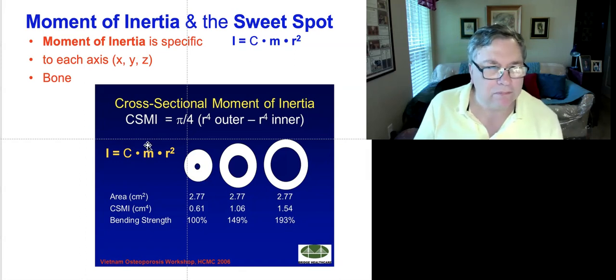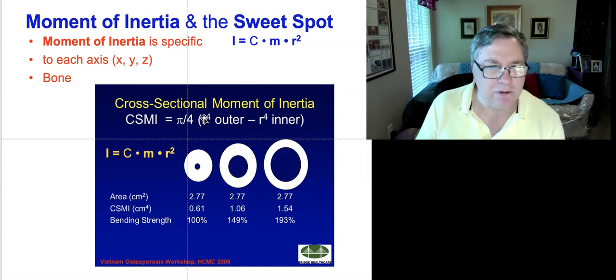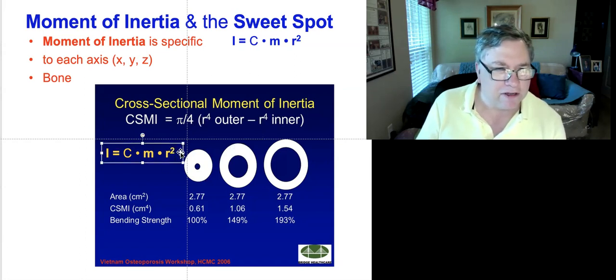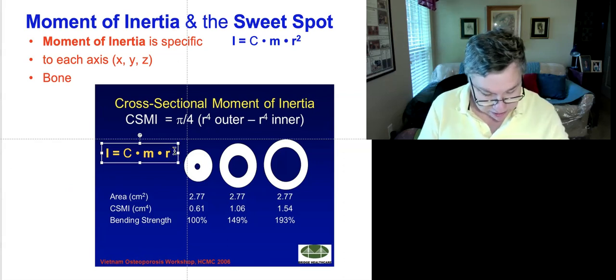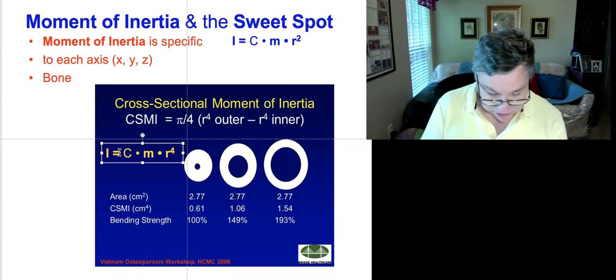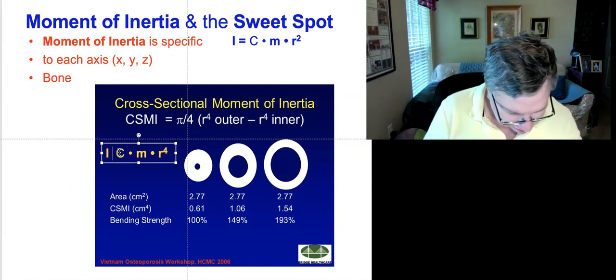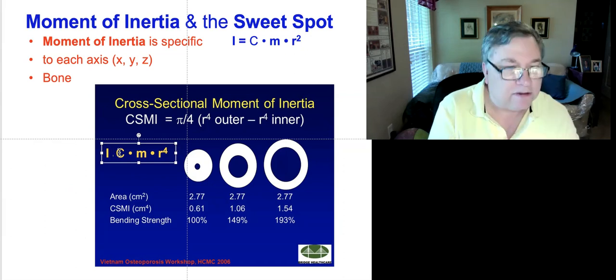In this case, because it's a tube, you actually use a little more complicated formula than ours. So it's probably an approximation like that. Since it's an approximation, I'll use an alpha.